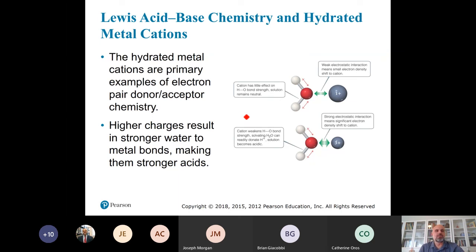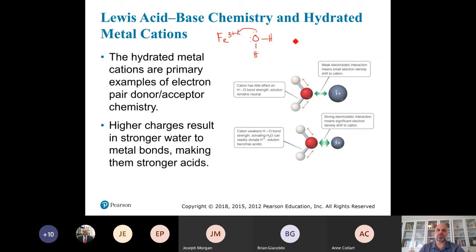So, Lewis acid-base chemistry and hydrated metal cations. The hydrated metal cations are primary examples of electron pair donor-acceptor chemistry. The higher charges result in stronger water-metal bonds, making them stronger acids. When we talked about iron 3+ in the past, it reacted with water, and we said that we had formed hydrates.